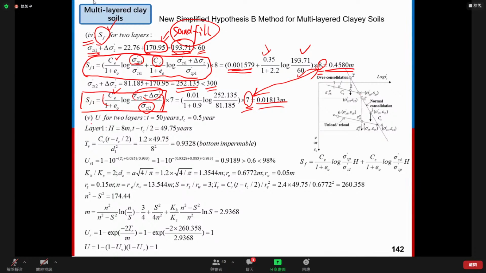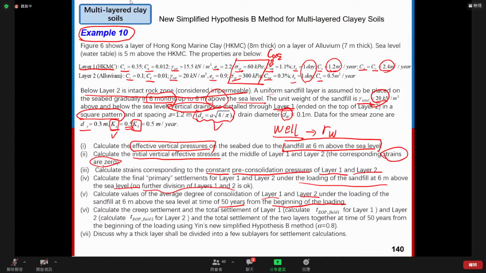So for the fifth sub-question, we need to calculate the final settlement at the time of 50 years. So we are going to calculate the average degree of consolidation at 50 years.